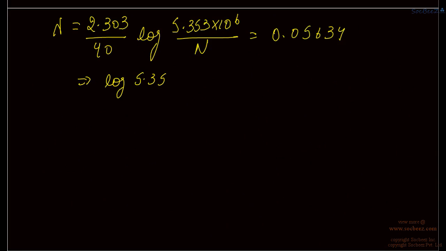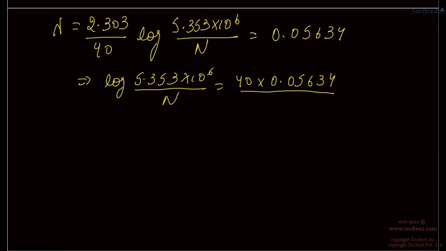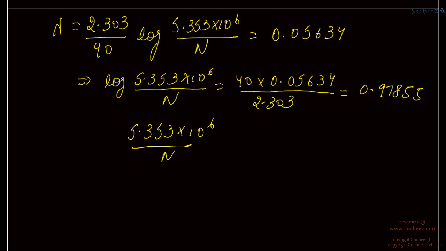log 5.353 into 10 raised to the power 6 upon N equals 40 into 0.05634 upon 2.303. So this equals 0.97855. So from here 5.353 into 10 raised to the power 6 upon N is antilog of 0.97855.